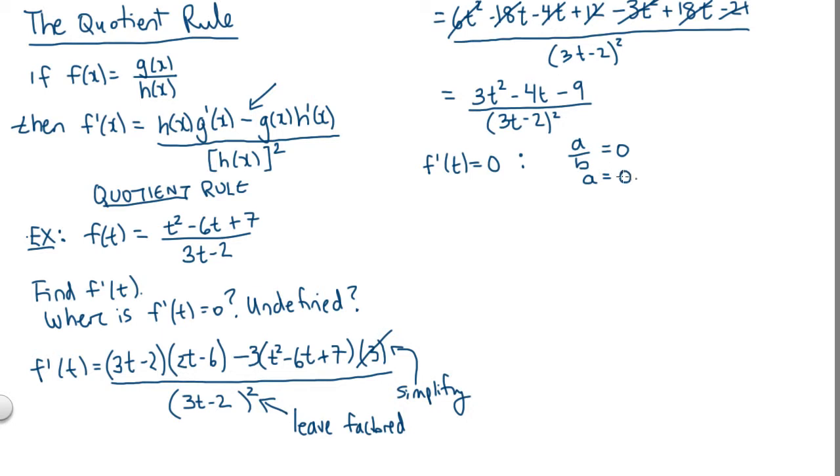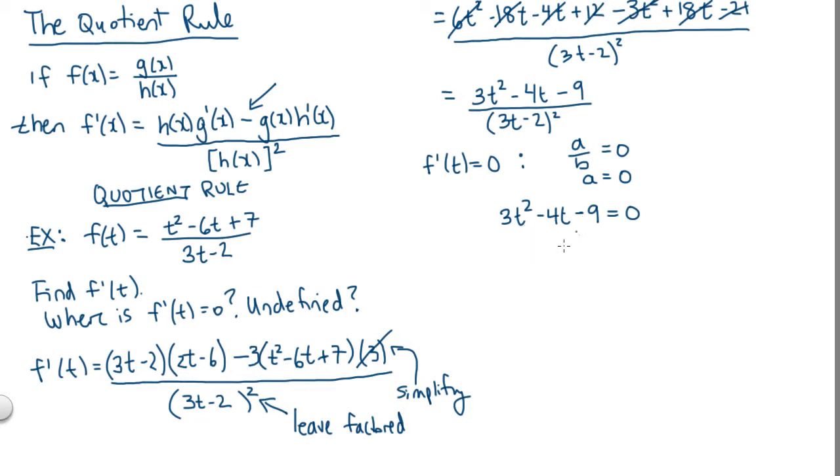That's the same thing as saying a has to equal 0. This is something that students often struggle with remembering what to do here. So just remember, if you're trying to set a fraction equal to 0, all you want to do is just grab that numerator and set that equal to 0.